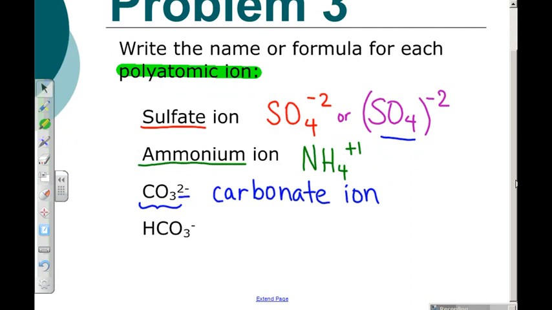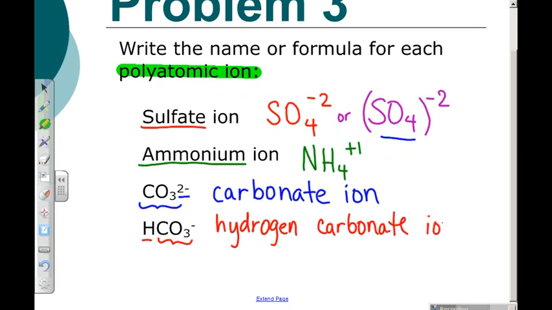And our last example looks very similar to that one. Do you see how it also has the CO3 part of it? Notice it has the CO3 with the hydrogen added on the front. On the back of your periodic table, you should find that the name for this one is hydrogen carbonate, which makes sense because it was just a hydrogen added to the full carbonate ion. You might also notice that there's a second name given for this one.